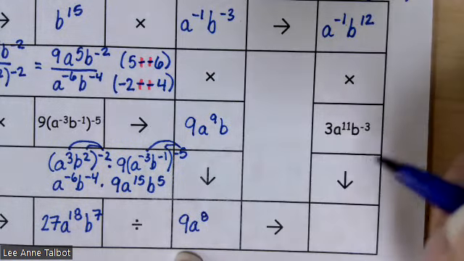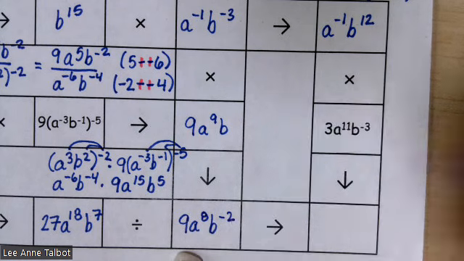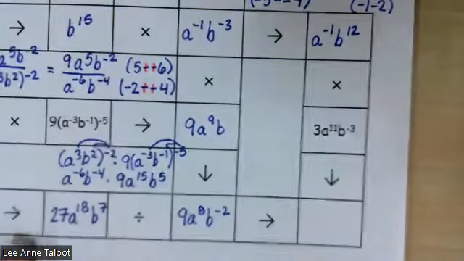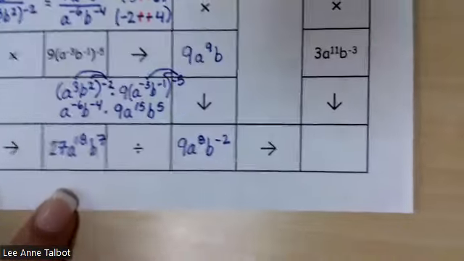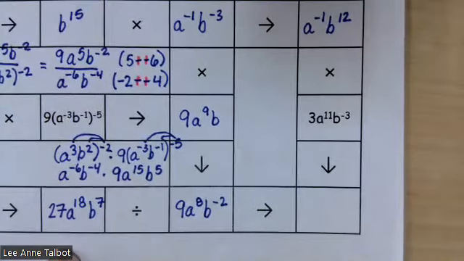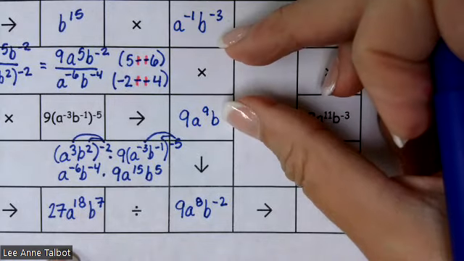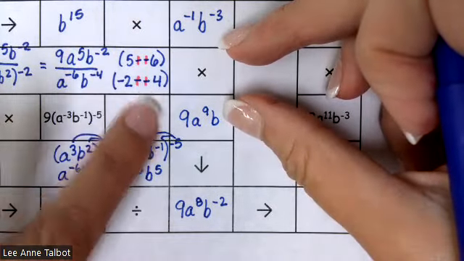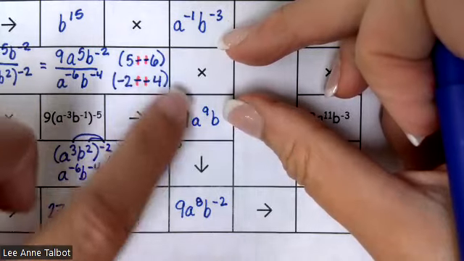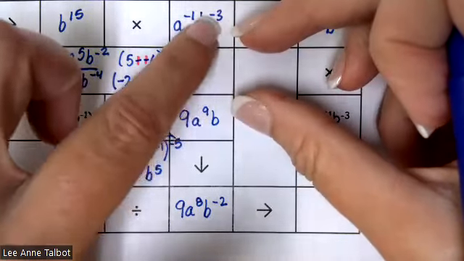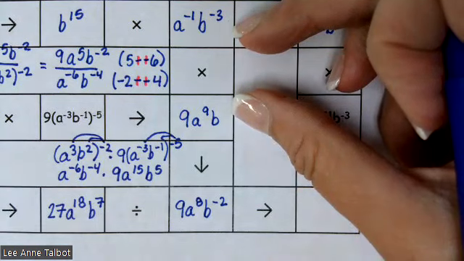Add. Add. Let's see what I did. I did these two. So 1 times 9 is 9. -1 plus 9 is 8. -3 plus 1 is -2.